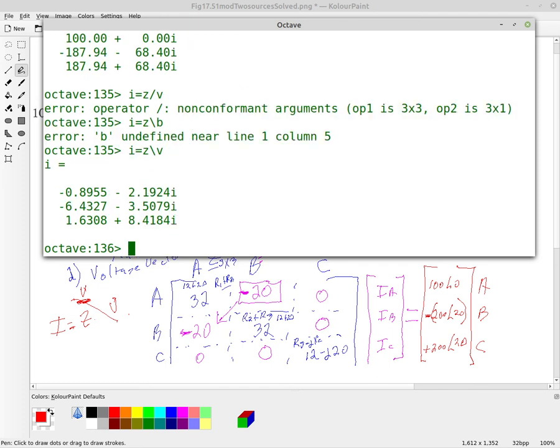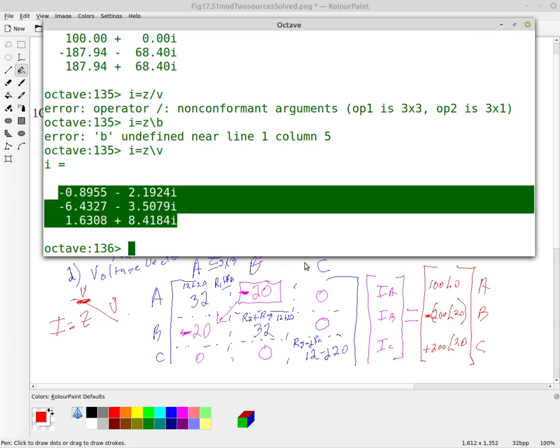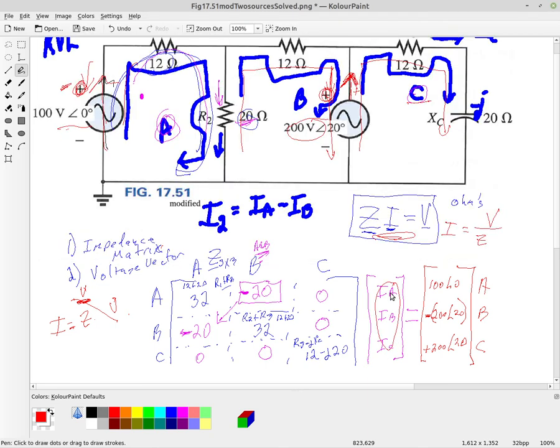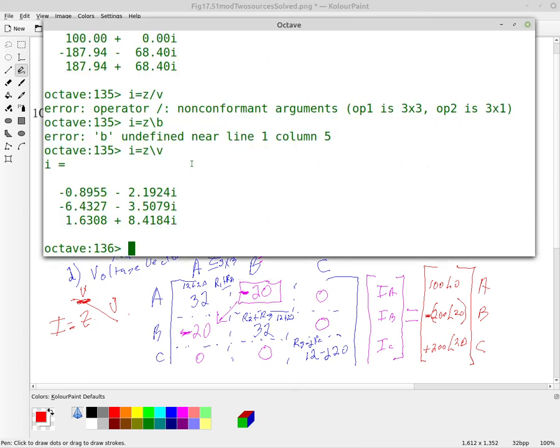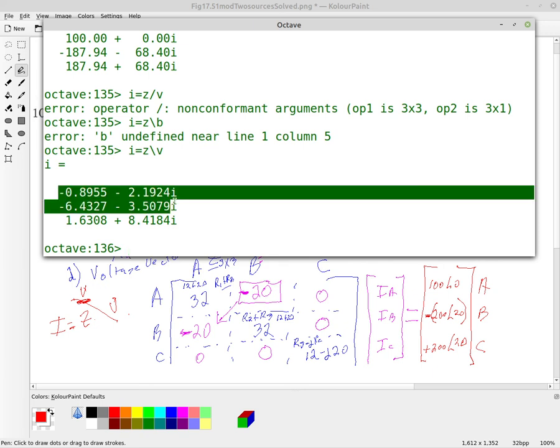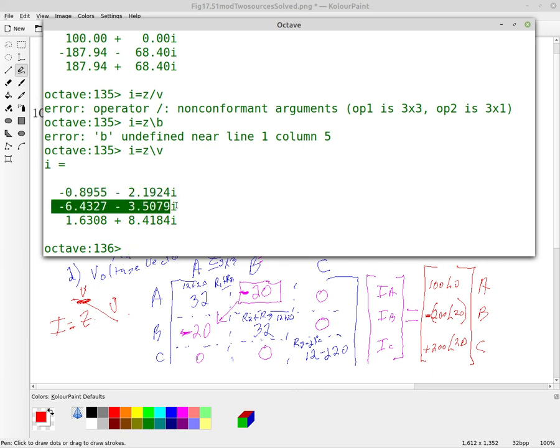And so when you get this, notice that your I now is going to be a column vector, just like we showed over here. Over here we have IA, IB, IC right on top of each other. So when you do this math, you're going to have IA and IB and IC.